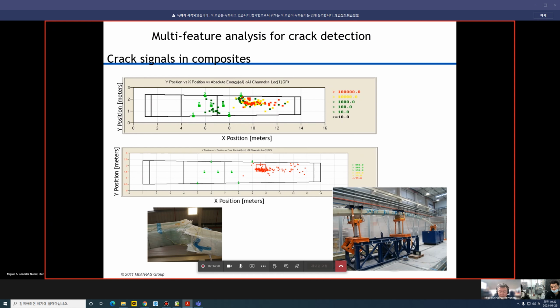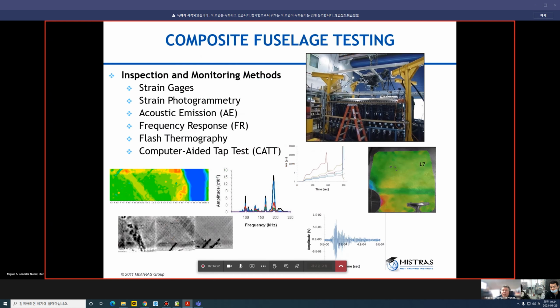No. No? Okay. This is an example of a composite fuselage testing. In this particular example, different inspection and monitoring methods were used: strain gauges, strain photogrammetry, acoustic emission, frequency response, flash thermography, and computer-aided tap test.